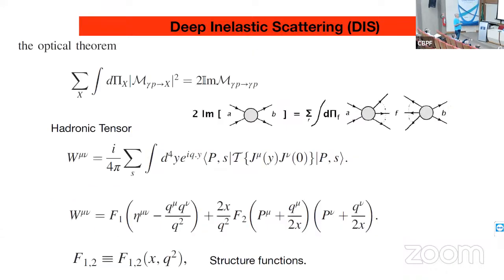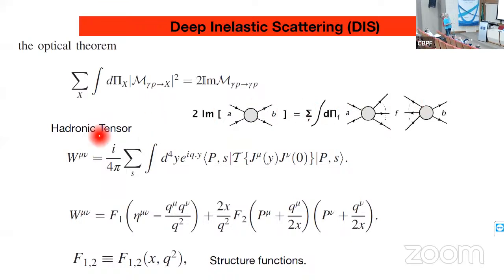The usual deep inelastic scattering is done using the optical theorem and the Compton forward scattering. You relate that amplitude to the amplitude of a virtual photon with the proton going to a virtual photon with the proton, diagrammatically like this.